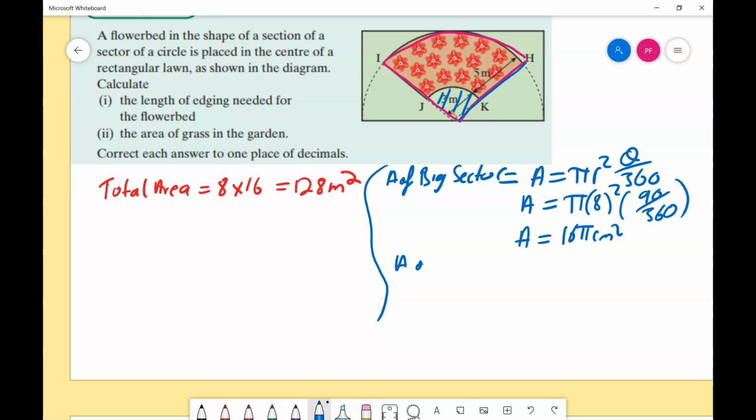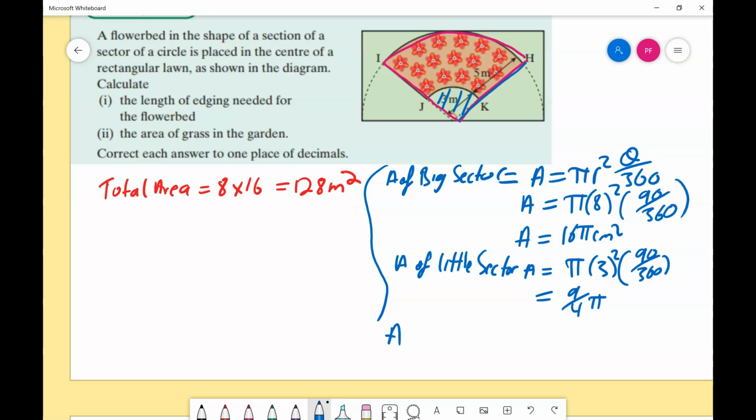The area of the little sector, the blue sector, is just going to be pi times 3 squared times 90 over 360, which is just equal to 9 over 4 pi.